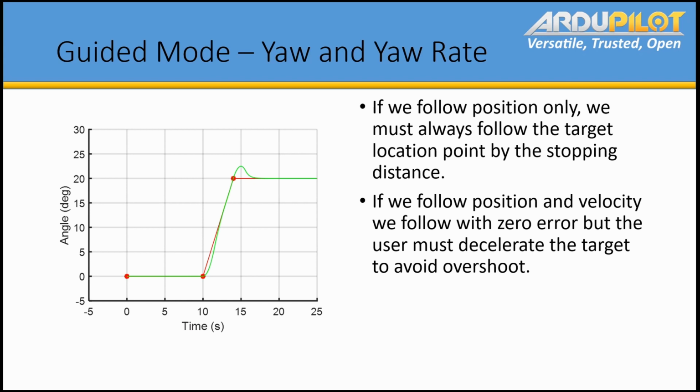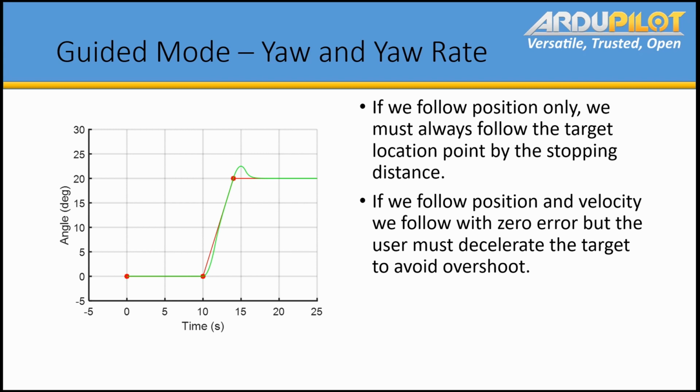So although it's an instantaneous change in velocity and I can't do that, so I'm going to follow behind that, but I will follow precisely at your desired attitude, your angle. But then when you suddenly stop again, I can't instantaneously reduce my yaw rate to zero in the aircraft. So you'll see this drop. Whereas when we were following the stopping distance behind, I could stop at that point.